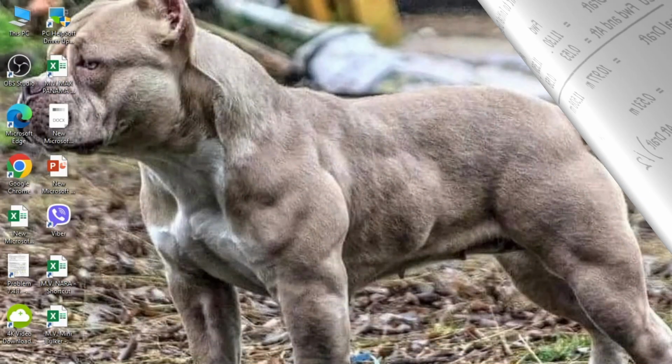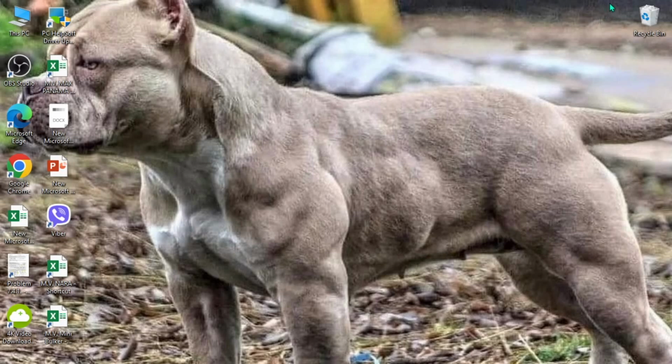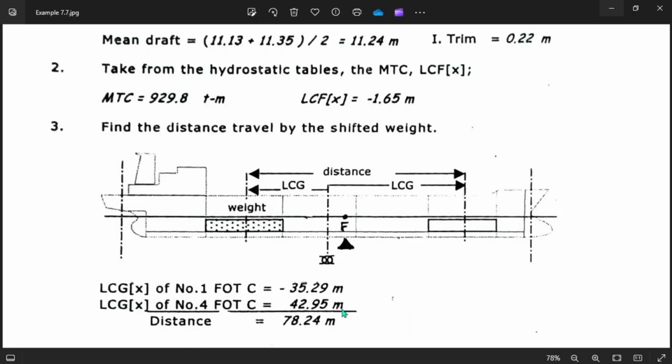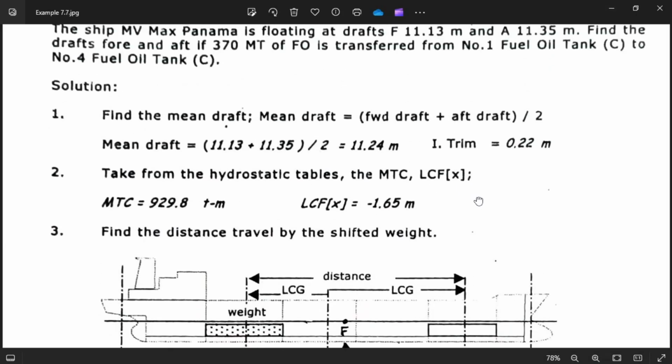So that's it, guys. Hi guys, we're going to use the program to prove that the manual computation is the same with this program. So let's check, guys, and we start with this one.